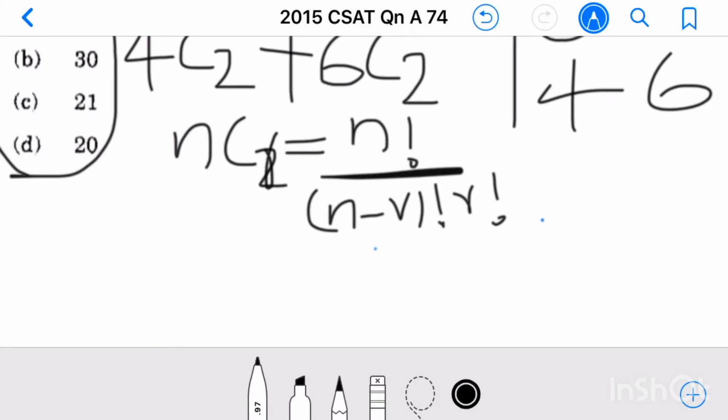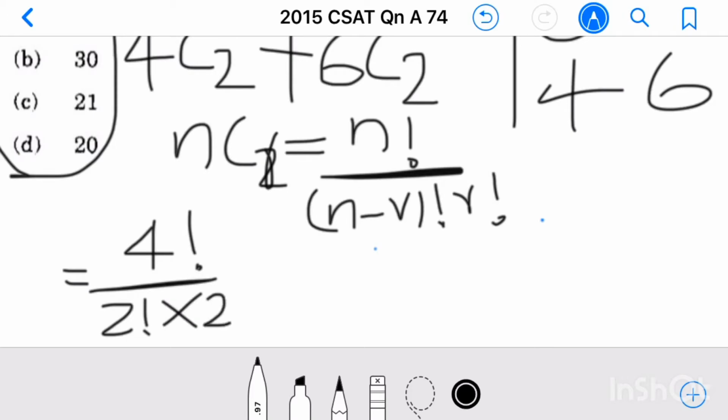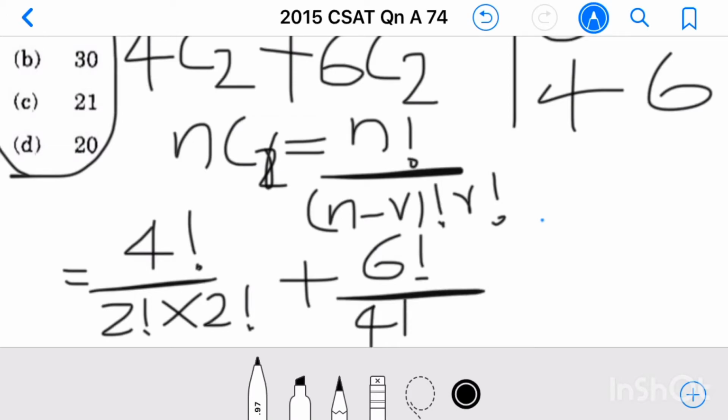Using this equation, 4C2 equal to 4 factorial divided by 4 minus 2 factorial into 2 factorial, plus 6C2 equal to 6 factorial divided by 6 minus 2 factorial into 2 factorial.